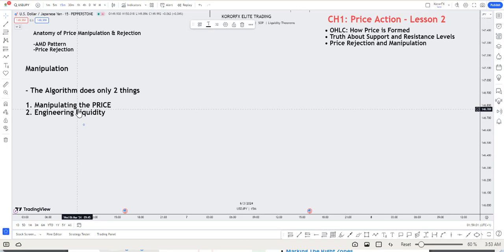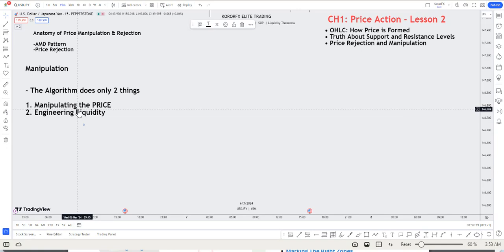So it always knows what we are thinking and how we always enter. That is why the algorithm is always manipulating against our setups or our trades, and that's why it manipulates the price.